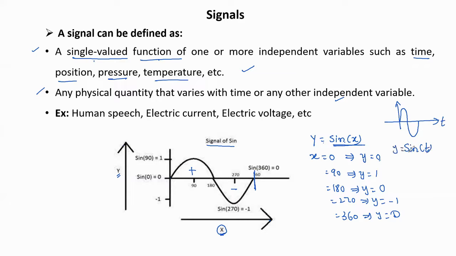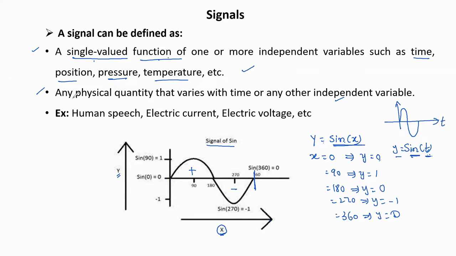That means y equals the functional representation of the independent variable time t. So depending on the type of the independent variable, we write the functional representation. For every value of the independent variable, we get only one amplitude value. That's why it is said to be a single valued function.